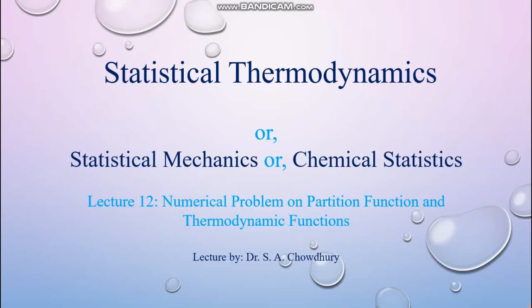In quantum mechanics, wave function psi, that is the main thing. You have to do everything with psi. Okay, so here in chemical statistics we have to do everything with this partition function F.